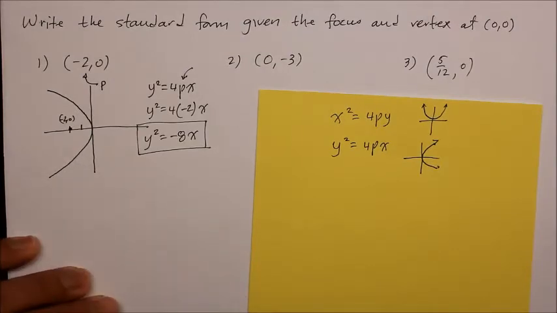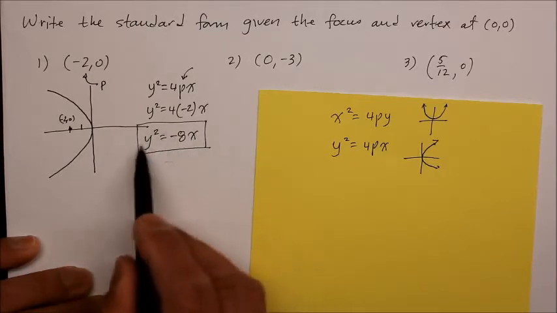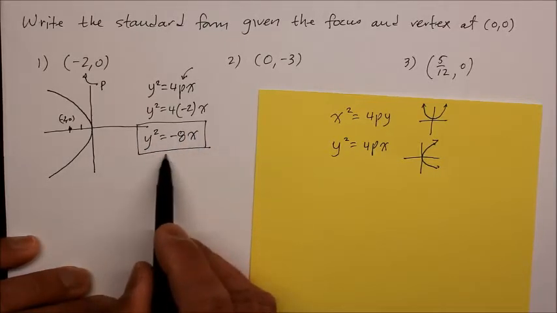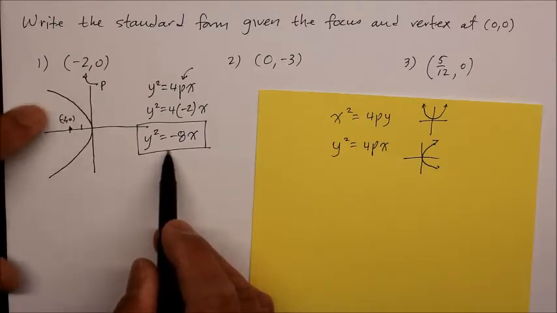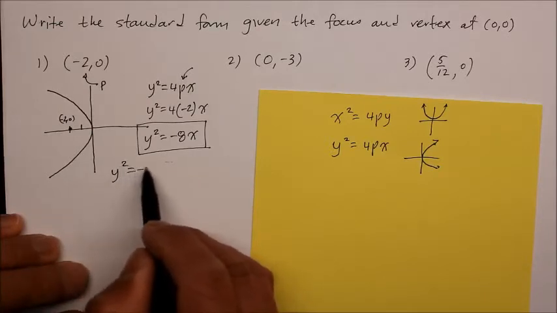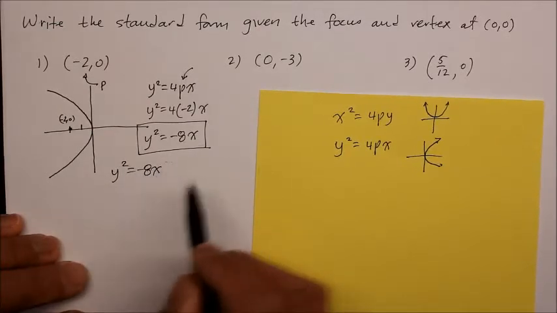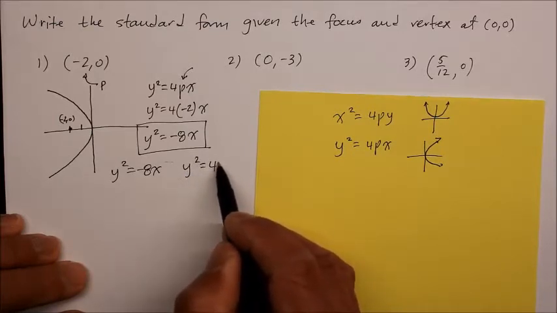Now in the previous examples or instructional videos, we were given an equation and we were supposed to find the focus and the directrix. Well, let me quickly demonstrate that for you here to prove that it's the inverse of what we're doing here. Since it's given to you as y squared is equal to -8x, we substitute it into the standard form, y squared equals 4px.